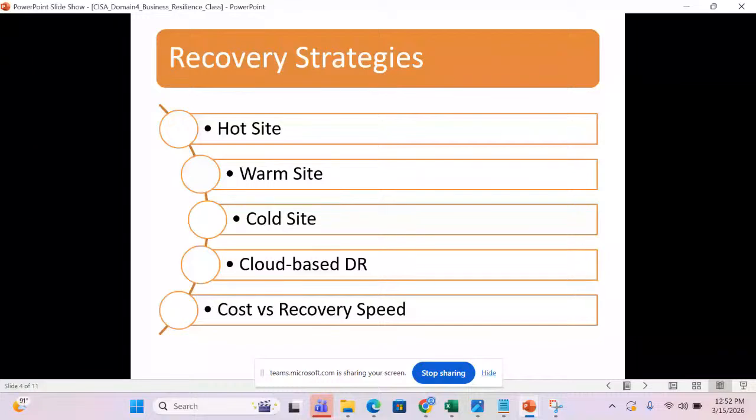Let's say the critical processes that are high are payments and withdrawals, and the medium and low are the loan services. Probably we have an application that does our loan services.